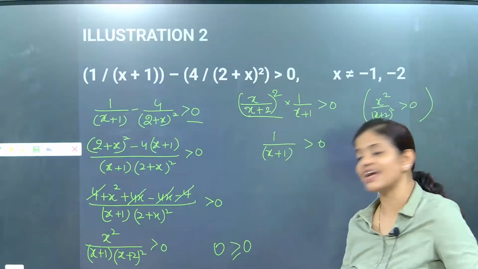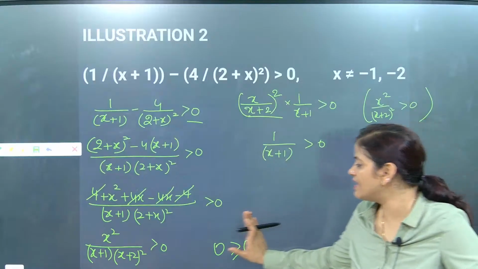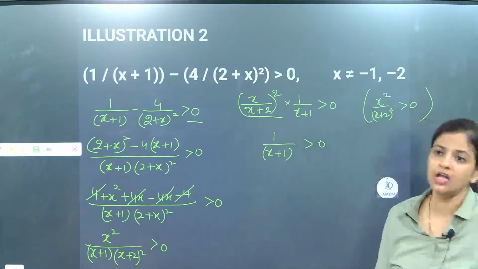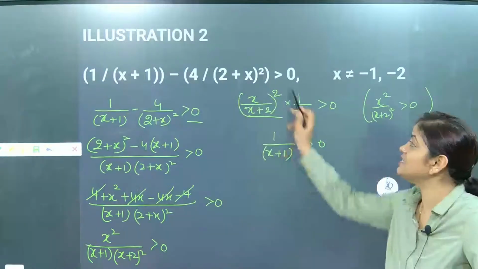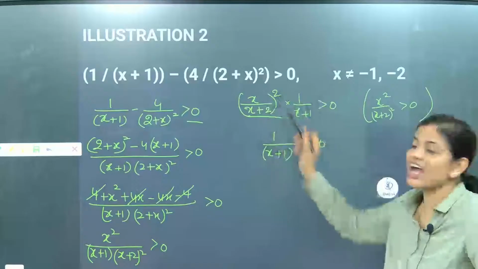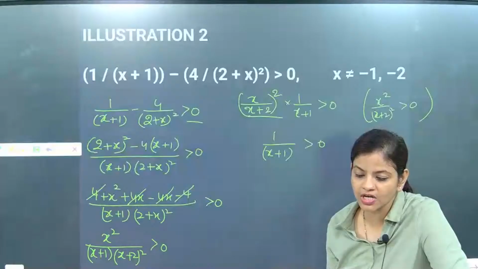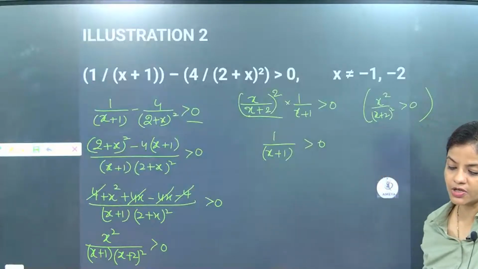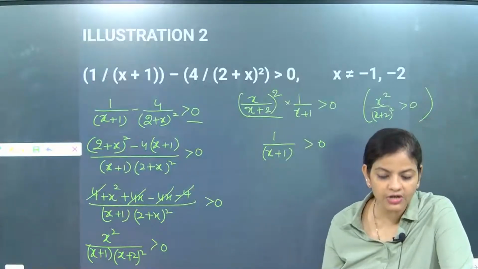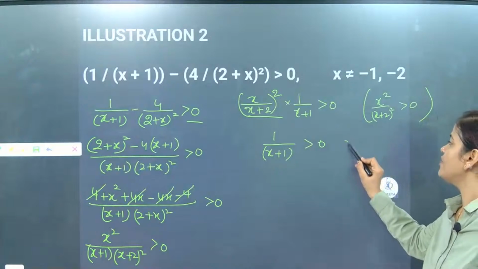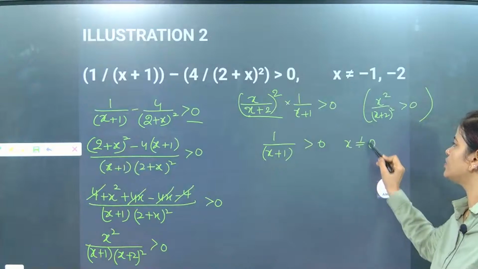If a greater than or equal sign were there, then it would be possible. But here it is a case of strict inequality. It still has x, and x should not be equal to 0. So the important work we are going to do is write that x should not be equal to 0.